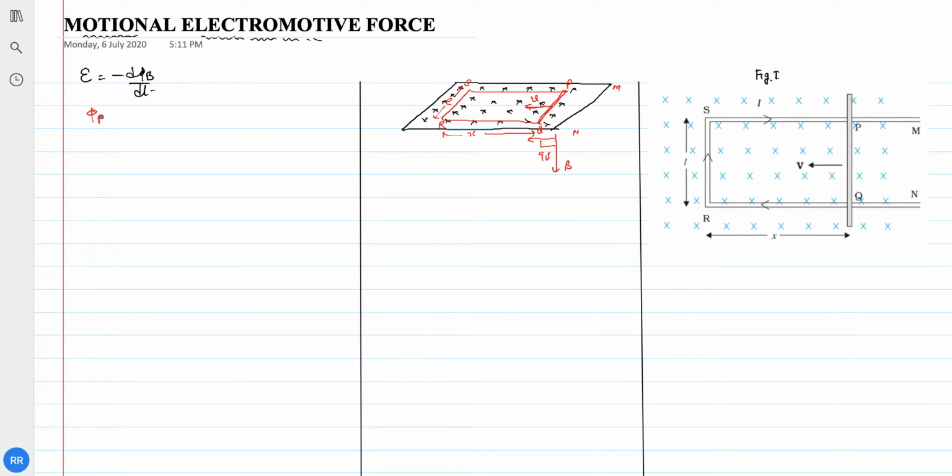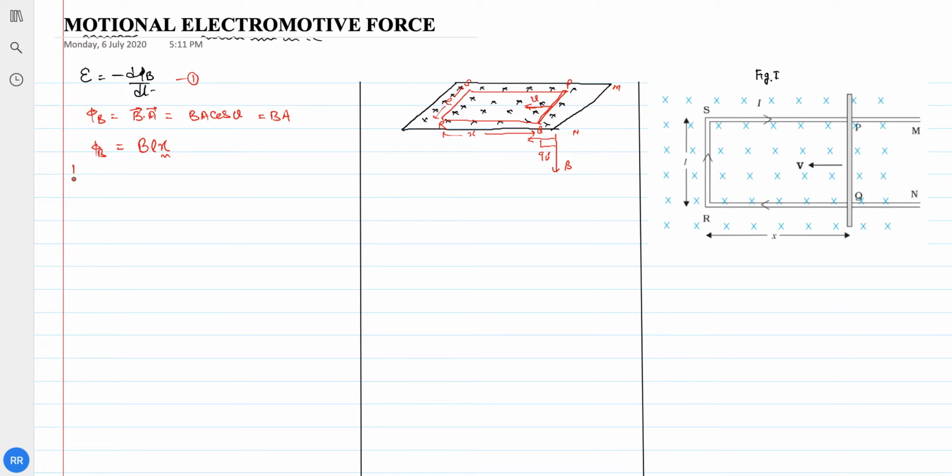Magnetic flux is given by B vector dot A vector, which is BA cos theta, which further reduces to BA only. So here the magnetic flux now will be, you can write area in terms of L x, length and breadth. So as x is changing with time, the rate of change of flux हमारे पास क्या आ जाएगा, as by definition, this is equation number 1.